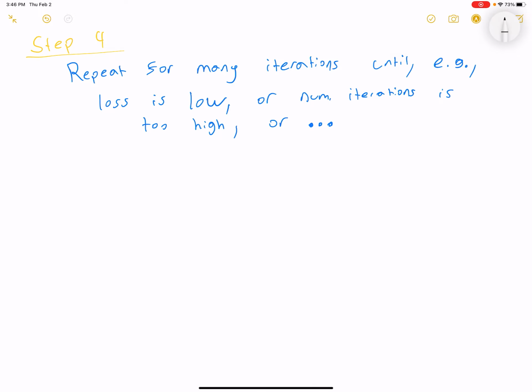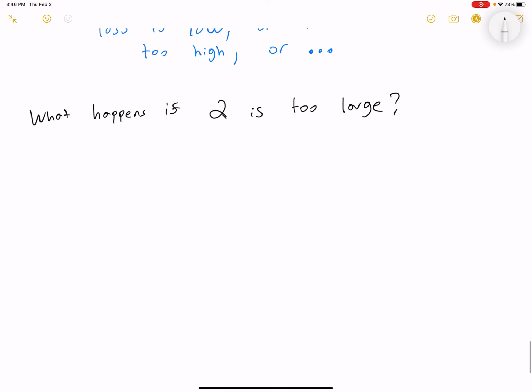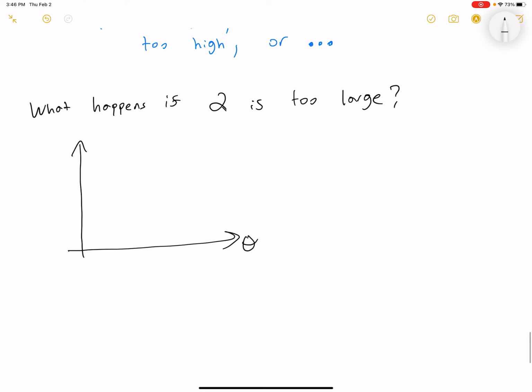So what happens if the learning rate is too large? In that situation, we will have parameter loss.